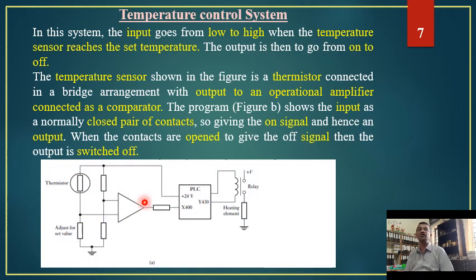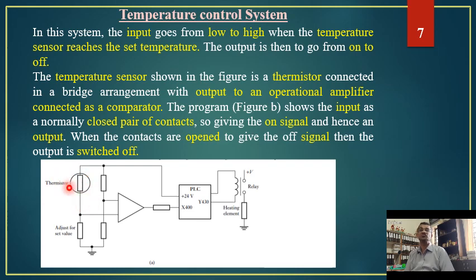Now in order to do that, the circuit that we are using is this one. It is a PLC based system wherein a heating element is connected to the output, and there is also a relay connected over here, because once the temperature reaches the set value, the output should go from on to off. Then this relay switches off. And this is the input system where you can see a Wheatstone bridge having a thermistor.